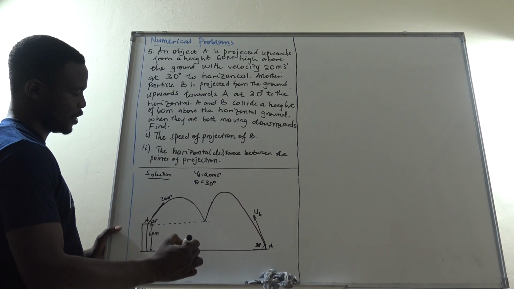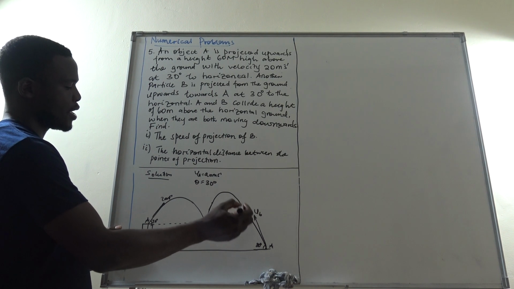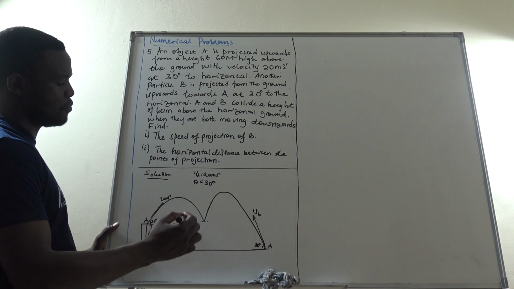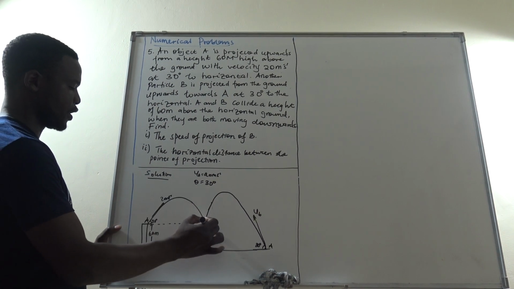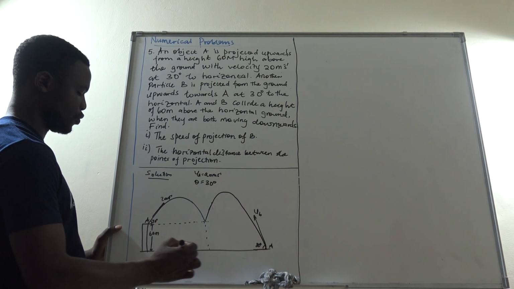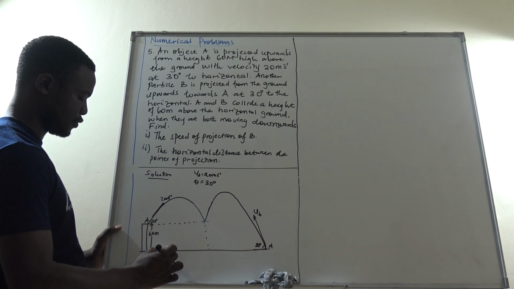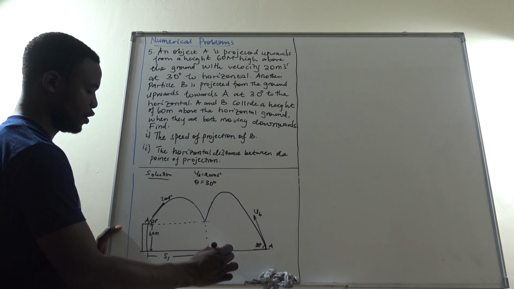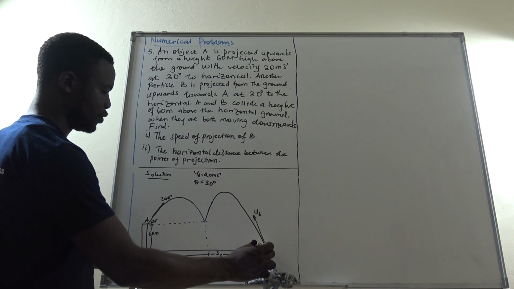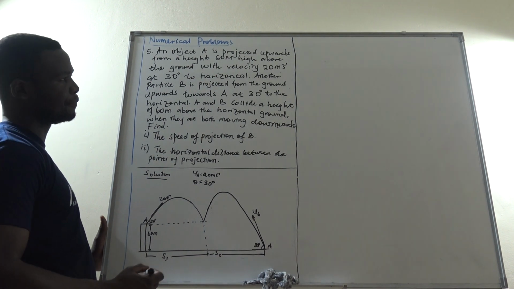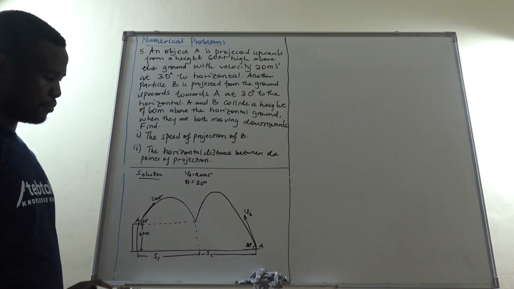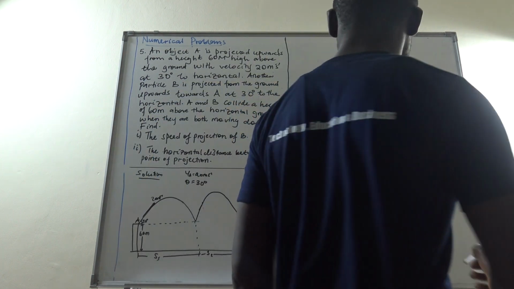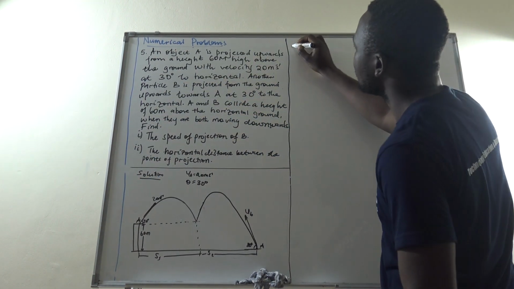Now, the question is, how do we get UB? Question 2 is saying that we should get the distance of separation between the two. Now, let us begin answering the question.